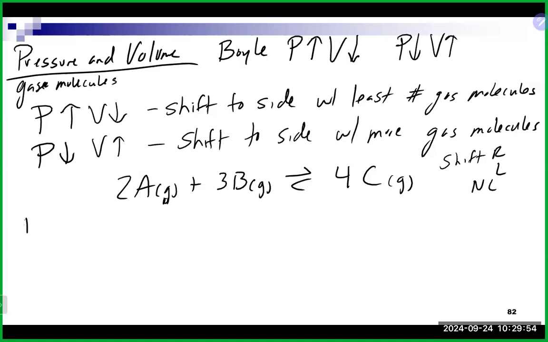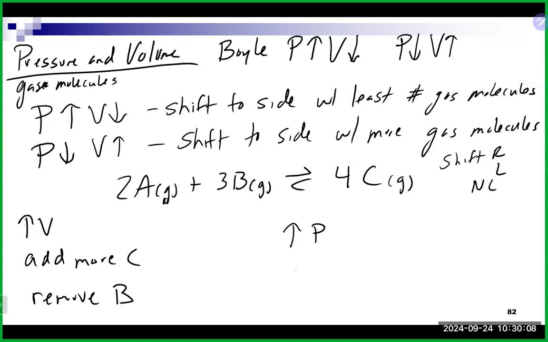I increase the volume, I add more C, I remove B, I increase the pressure, I add more A. All right, so take a moment for each of those. Which way will the equilibrium shift?